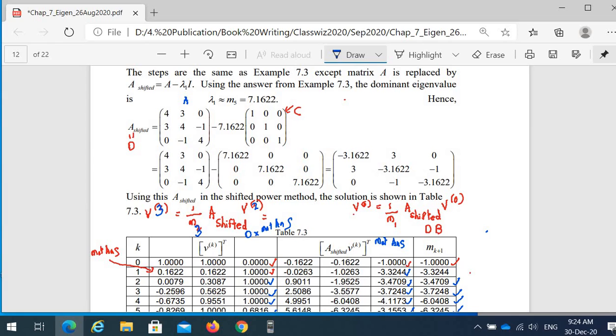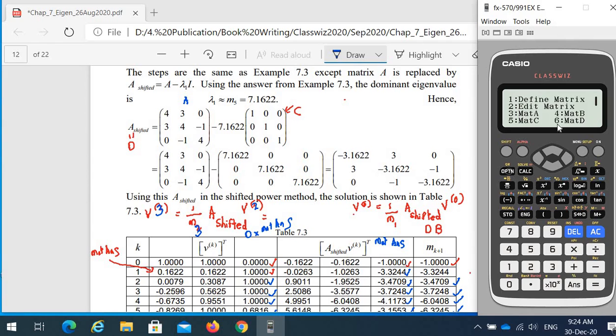I go to the option and choose A, which is stored in number 3. So I take A minus 7.1622 using the multiplication button with matrix C, keeping A and keeping my identity matrix C, and then I get A shifted, which I store in B.